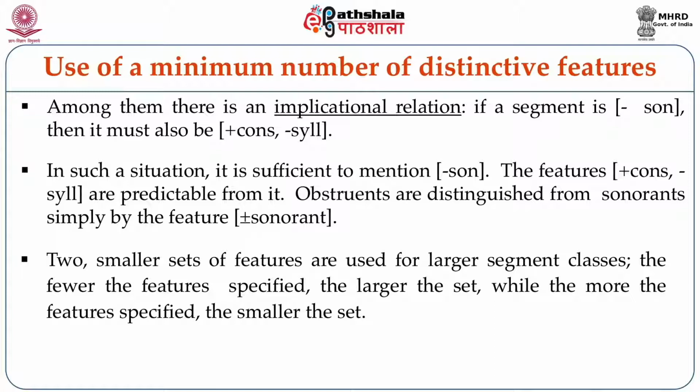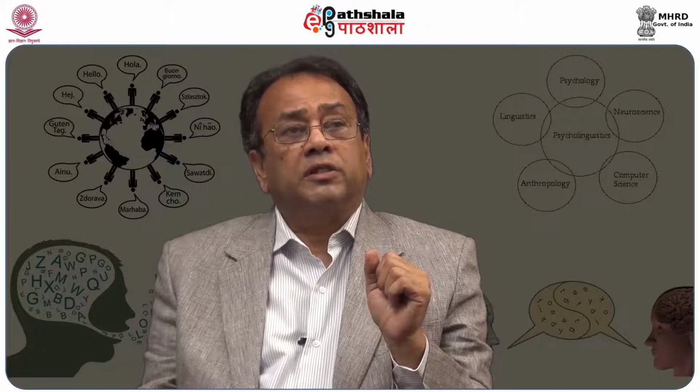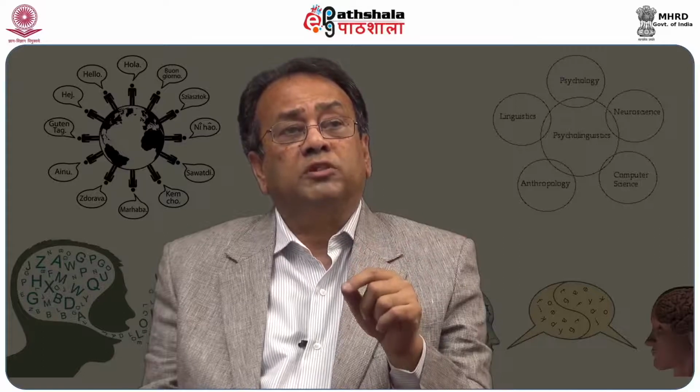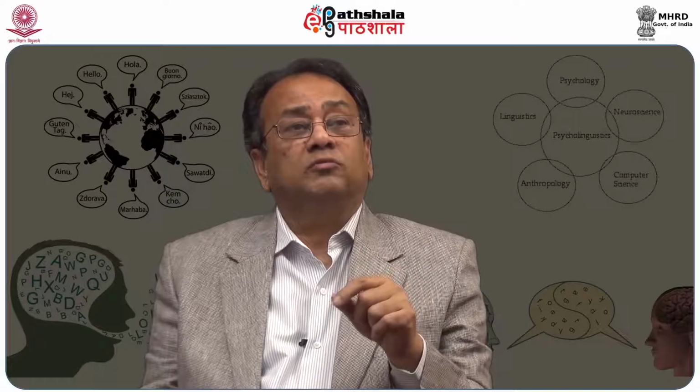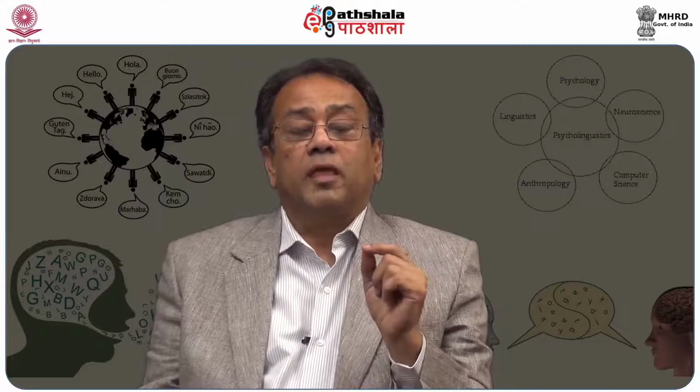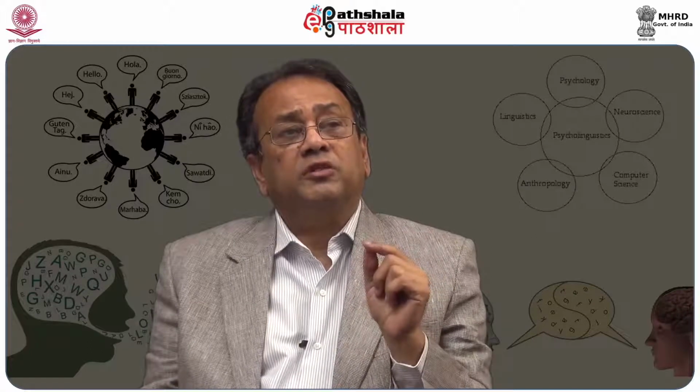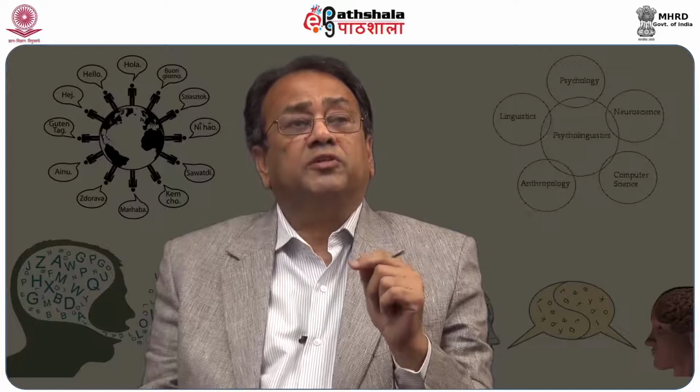Now, this is with regard to the relationship between features in general. Obstruents in any language do not need the features plus minus consonantal and plus minus syllabic to be specified in the rules in all varieties, without any exception, because there is no obstruent which can be vocalic, or no obstruent which can be non-consonantal. On the other hand, if you have sonorants, then they have various other features.